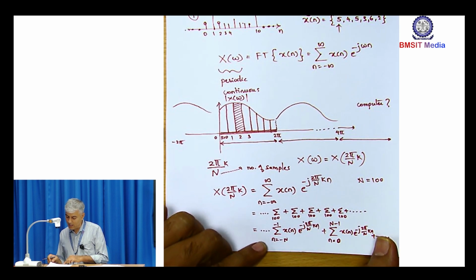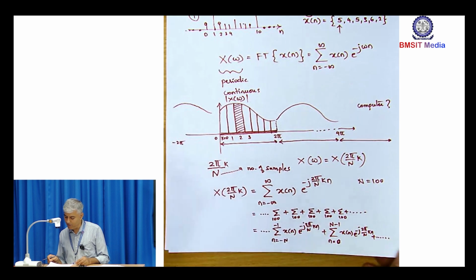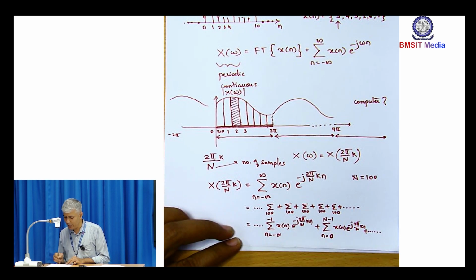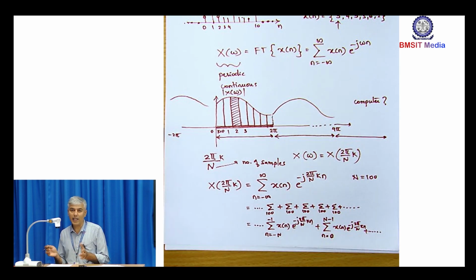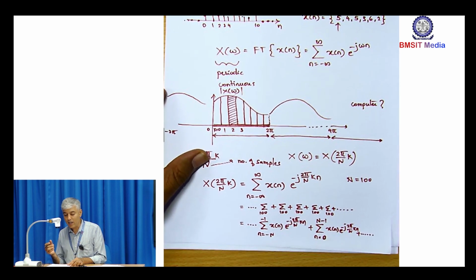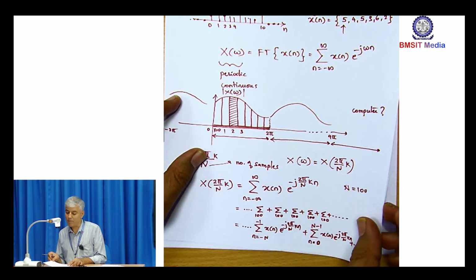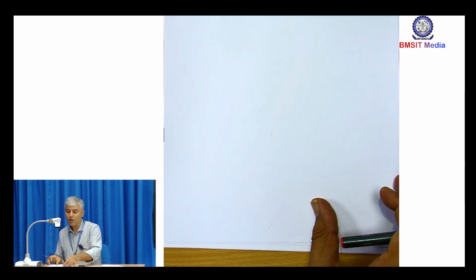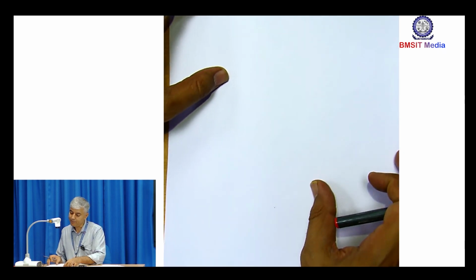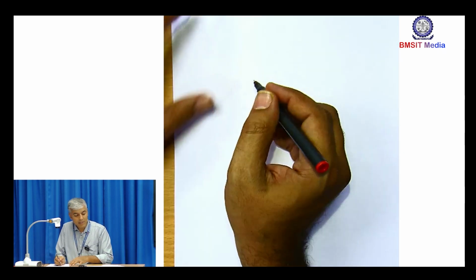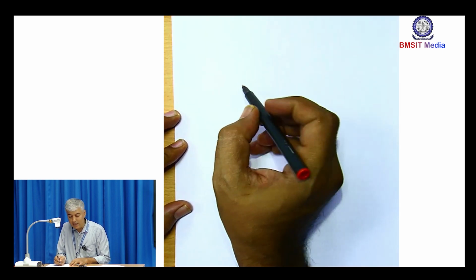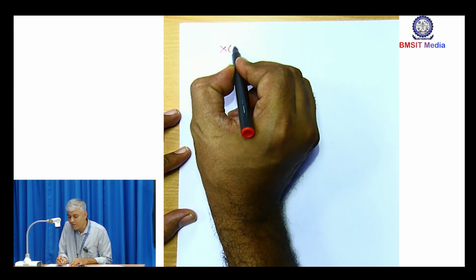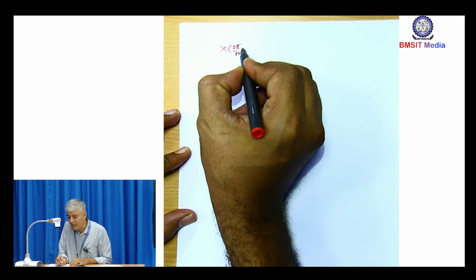Now, since there are infinite number of such summations, each of these summations is having N samples, and such infinite summations will be there. So we will try to represent this using one more convenient representation, that I will write as X of 2 pi by N k.